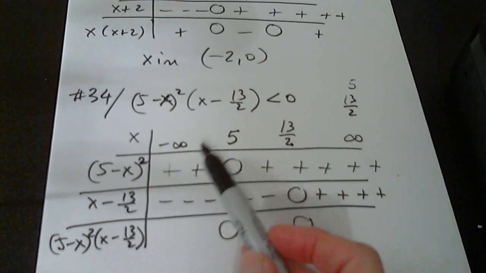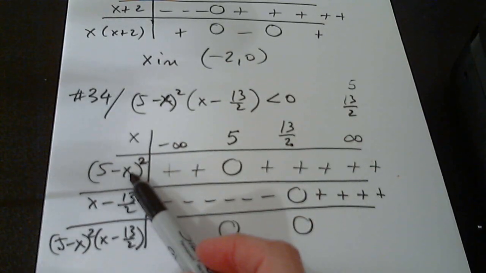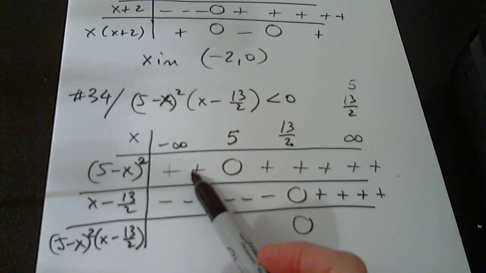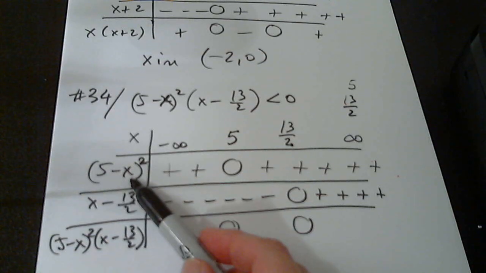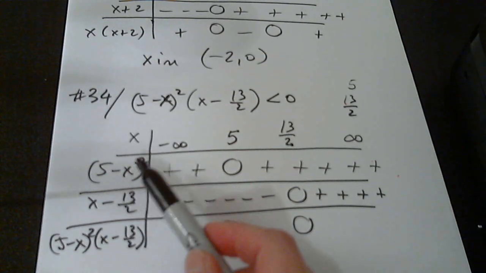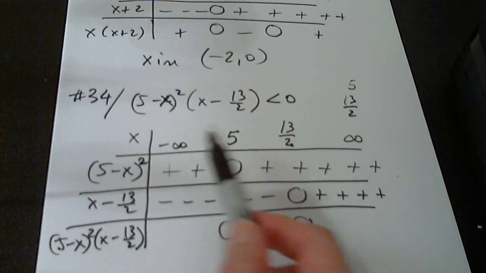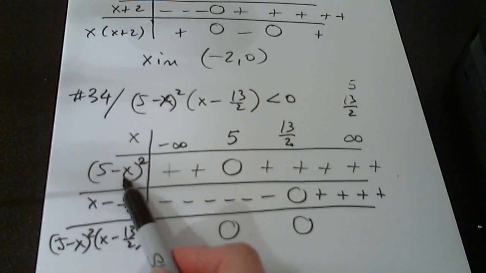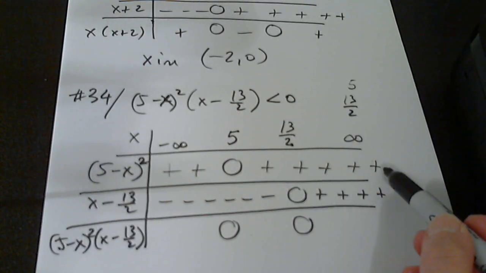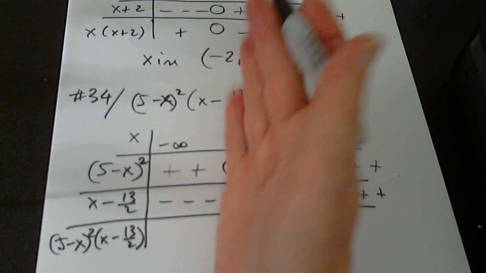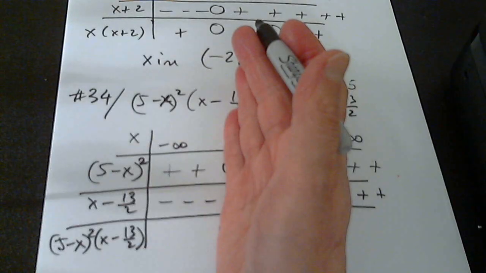If you plug in 6, 5 minus 6 is -1, -1 squared is positive. If you plug in 10, 5 minus 10 is -5, squared is 25. If you plug in 0, 5 minus 0 is 5, 5 squared is 25. No matter what, except when x is 5. Otherwise, it's always positive. Good. So now, I multiply a positive by a negative.